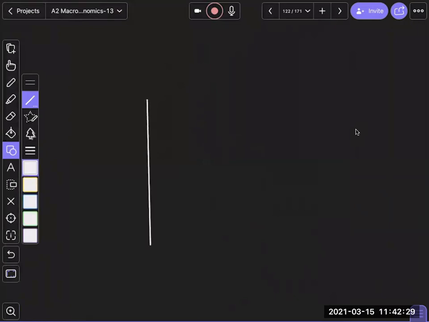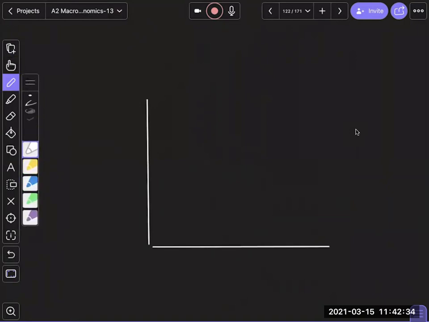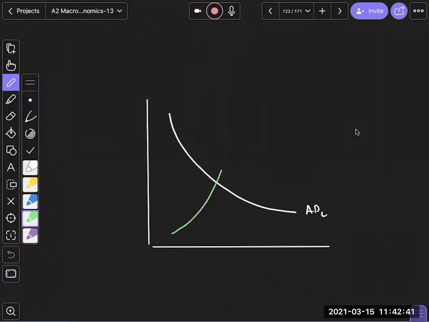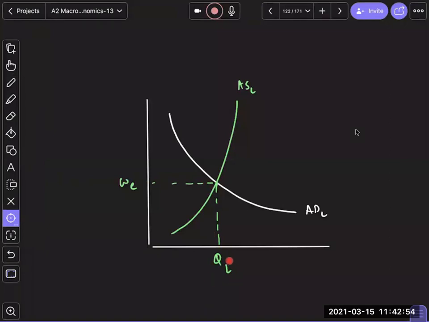So guys, if this is my aggregate demand curve, this is my aggregate supply curve, this is my wage rate, and this is my quantity of labor demanded. At the going wage rate, these are the people who are willing and able to work and are also employed.